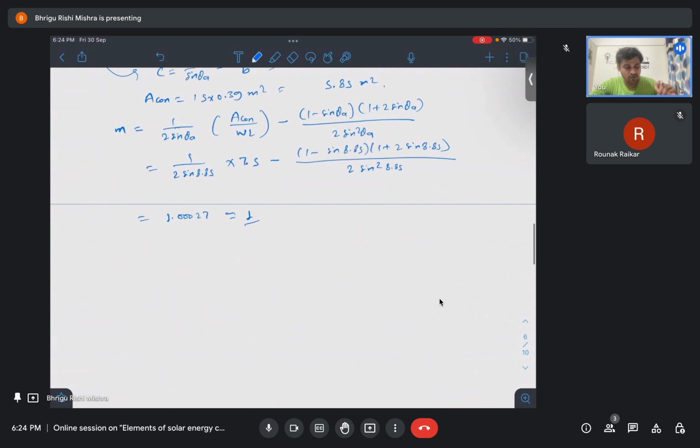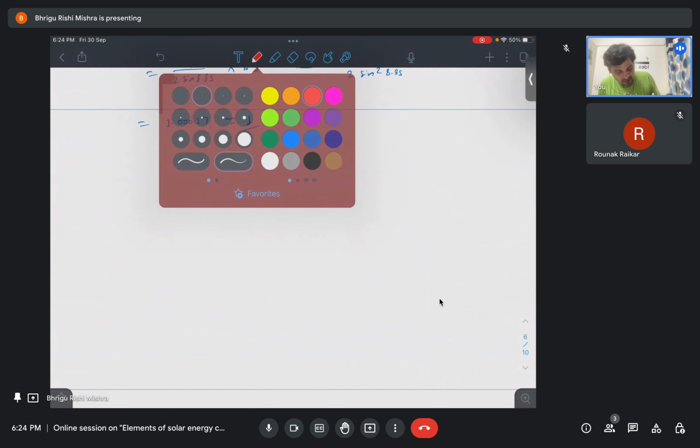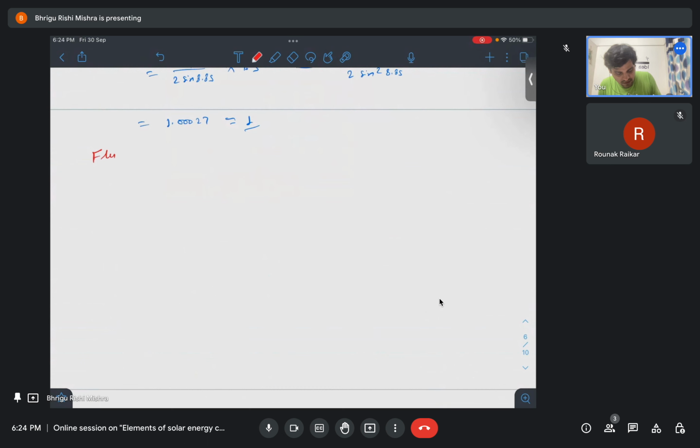So now we need to calculate the fluxes. Okay, so whatever flux is incident, the total flux, that means the beam radiation as well as diffuse radiation coming to the absorber plate, we need to calculate. Now in order to calculate fluxes, we again need to calculate those angles, like the declination angle.